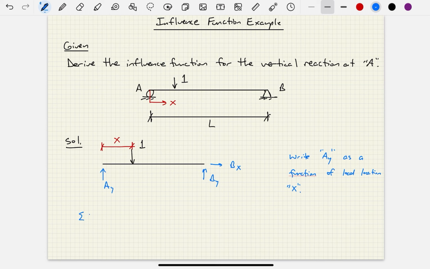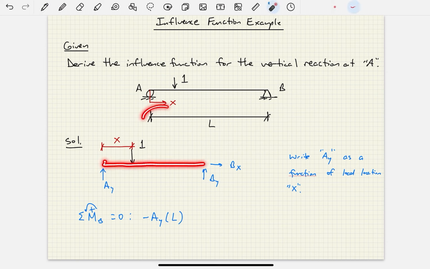Well, I'm going to say sum of the moments about point B equals 0. And I'm going to use this equilibrium equation to get this function for AY. So I'm going to have minus AY times what? Times L. Remember, this entire length is a length of L. In fact, let's go ahead and just sketch that on there real quick.